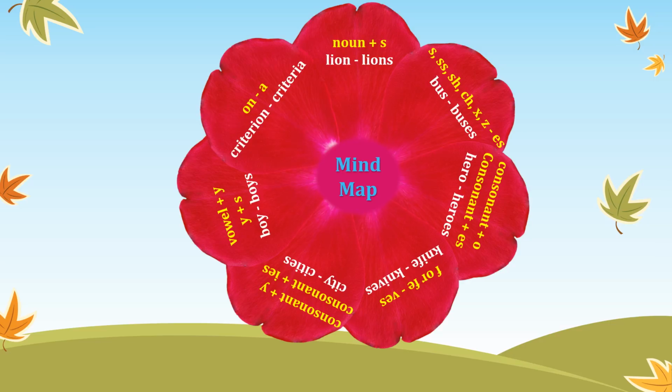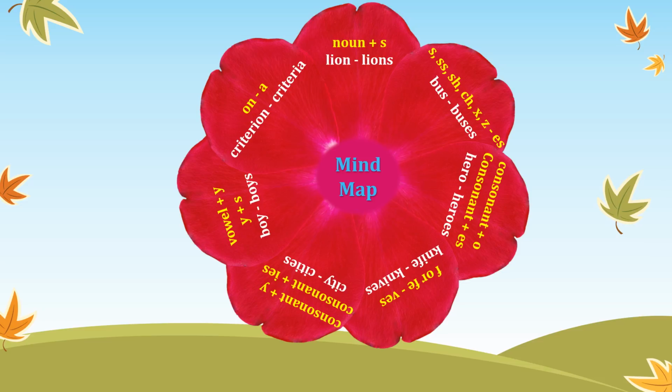Rule number 7. If your singular noun is ending with on, just cut on and write a there. And your singular noun will become a plural noun. For example, criterion has on in the end. Just cut it and write a. And here you have changed all the singulars into plurals.